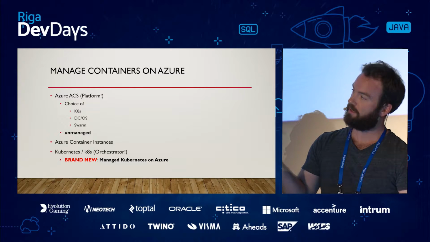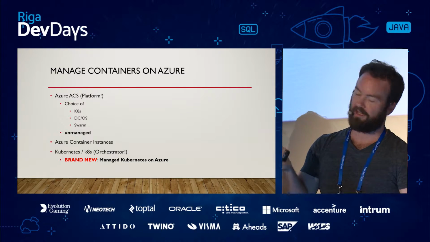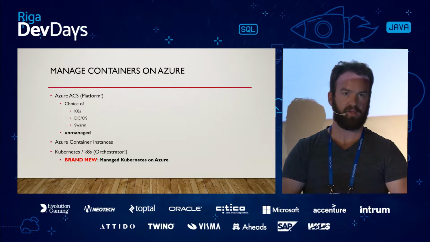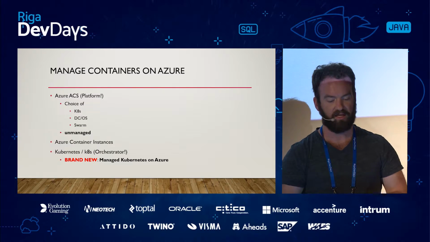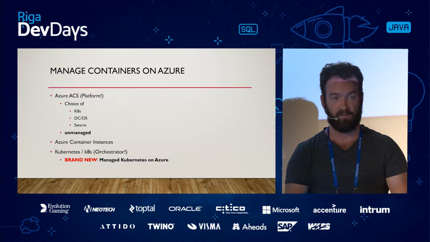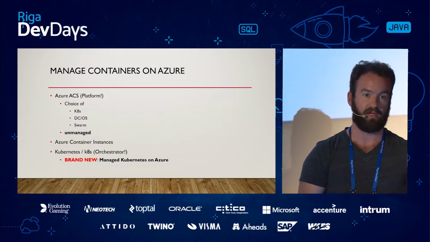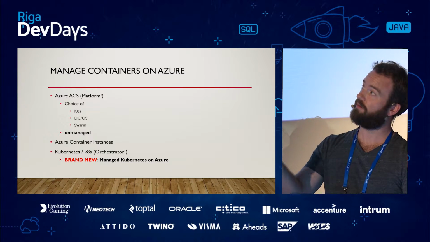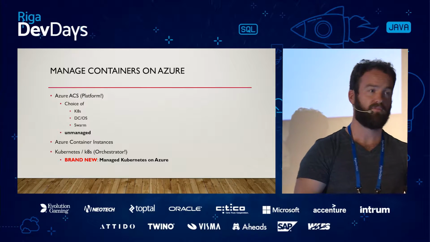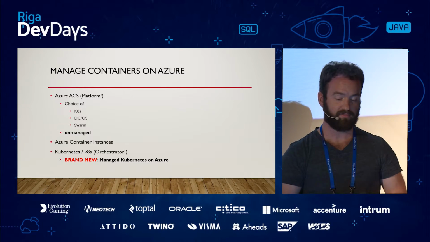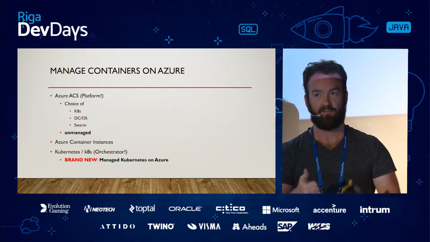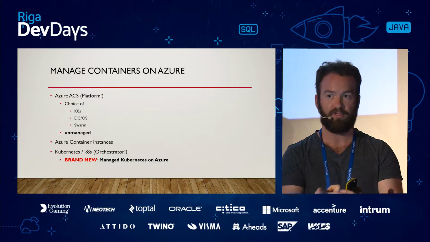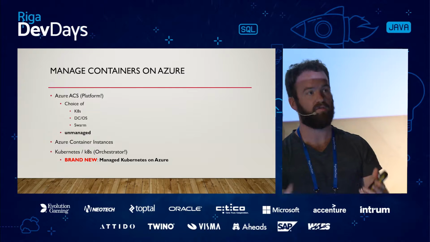That's something they now call AKS, Azure Kubernetes Services. With ACS, they deploy it for you, but then you have to patch your nodes, you have to update Kubernetes yourself, you have to take care of all of that.